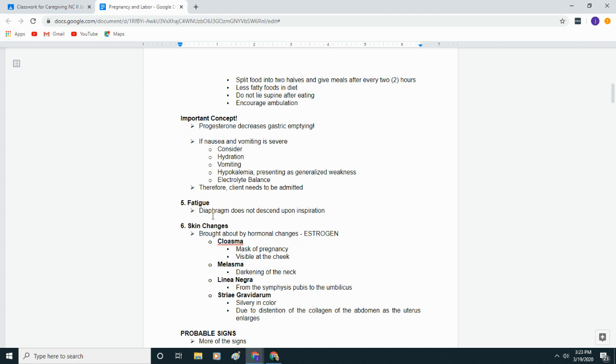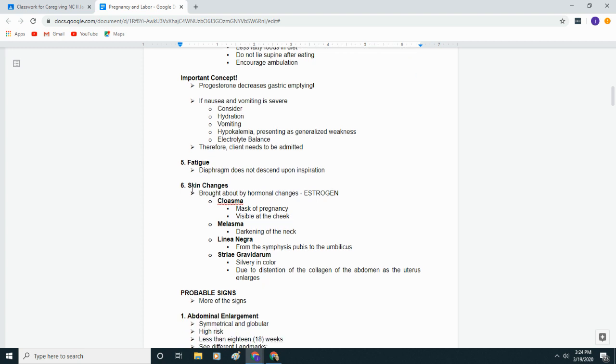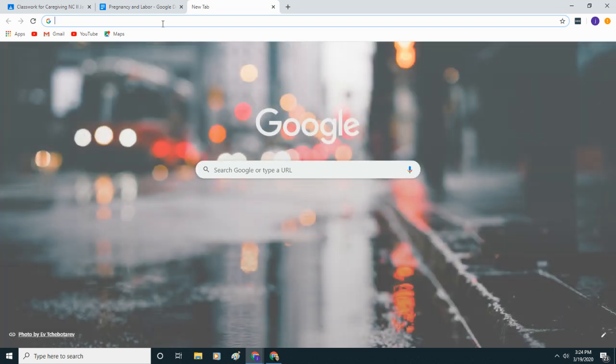Fatigue is because there is a growing fetus in the uterus, so the womb and the body use lots of energy. Skin changes are brought about by hormonal changes. Because of estrogen, chloasma, the mask of pregnancy, is visible in the cheeks.